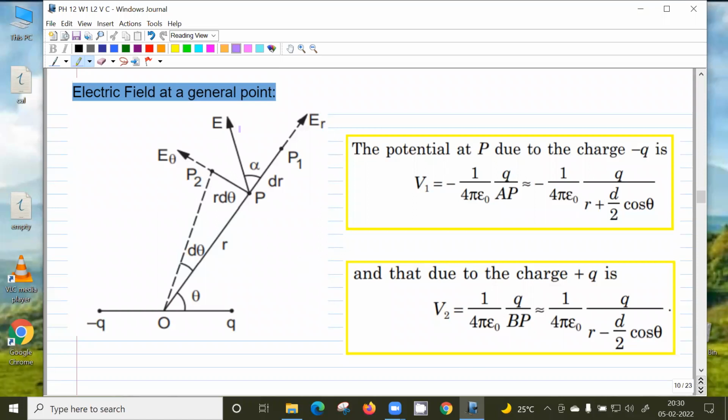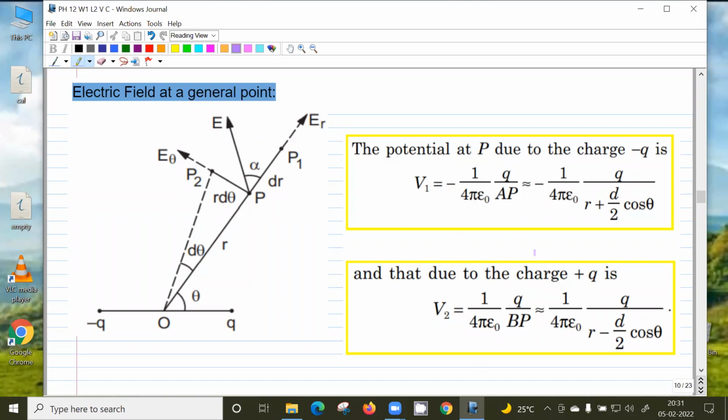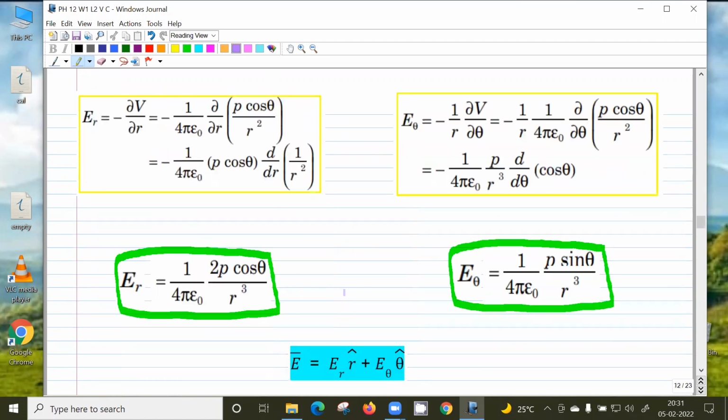So the electric field at a general point is this. It's not there in NCERT, so I'll just tell the idea. To get the field from the potential, we take the gradient. The potential is P into R into cos theta, and the electric field has two components: one is the gradient with respect to R, another the gradient with respect to theta.